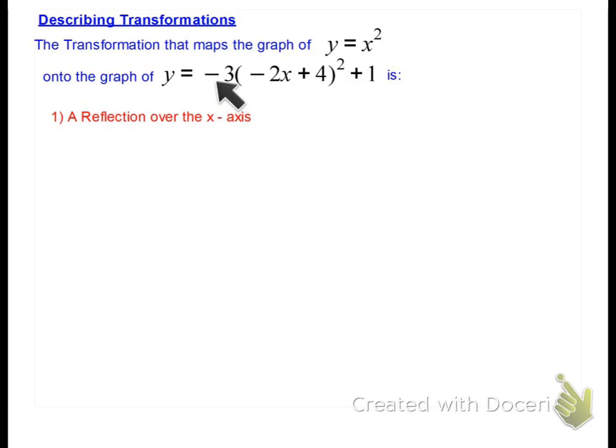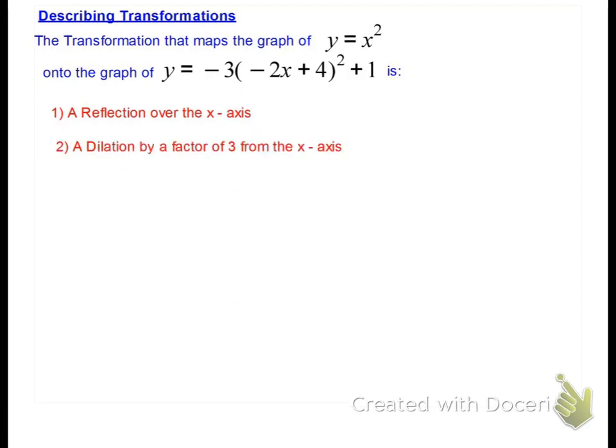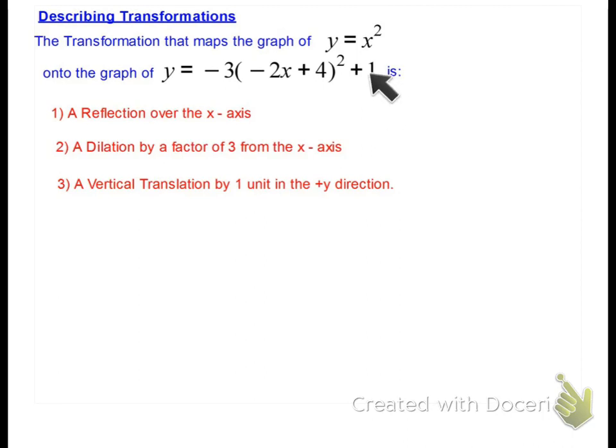So that negative there is a reflection over the x-axis. And then we've got the factor of 3 here. That's a dilation by a factor of 3 over the x-axis because it's happening on the y-coordinate. Alright, the next thing is our plus 1, our vertical translation by 1 unit in the positive y direction.